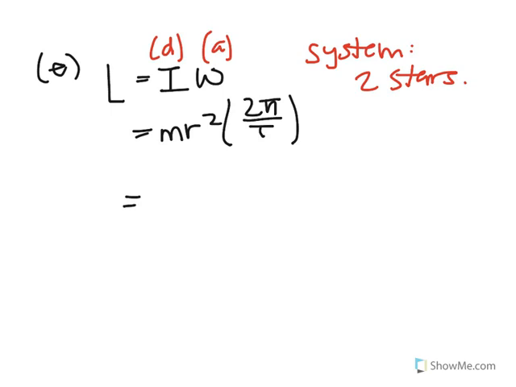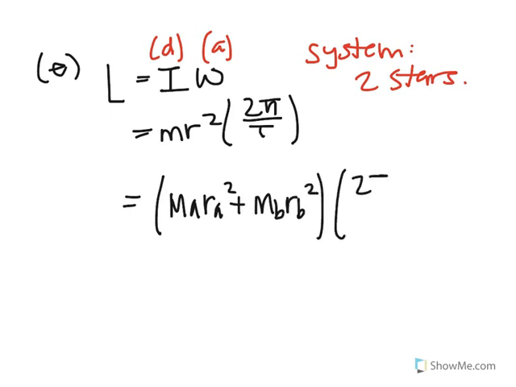The moment of inertia, if you recall, is MA RA squared plus MB RB squared, multiplied by 2 pi over T. It's the same thing because the T given is the same. And that is your answer.